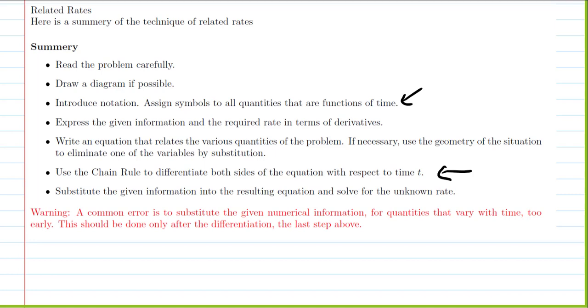So we will end up with equations that don't make sense if we substitute those constant values in too soon. Because if the quantity is changing with time, we have to wait till after we take the derivative to make that substitution. So then that's just our warning, and we'll see that as we go forward. Just be careful and don't substitute until after you've taken the derivative.